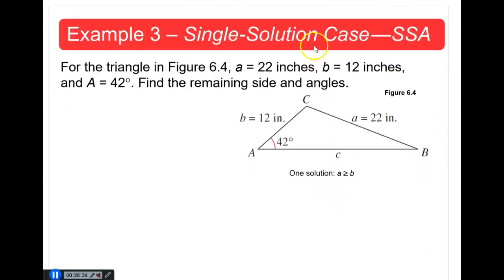So for example 3, we're going to solve the triangle, which means to solve a triangle is to find the remaining side and angles or whatever is missing. So we are given 2 sides and an angle.